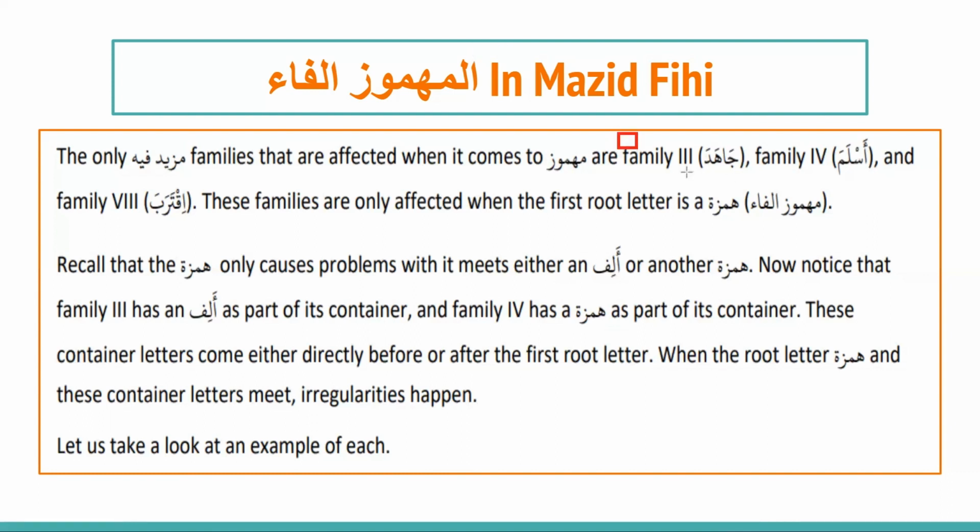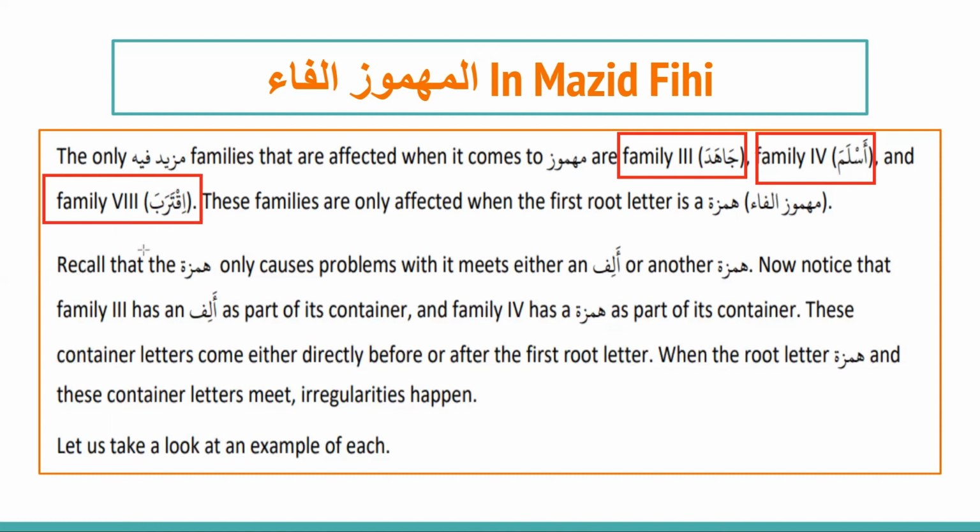We have to make some changes in these because the word is Mahmoozul fa, with hamza as the first root letter. Family 3 jahada, family 4 aslama, and family 8 iftaraba.